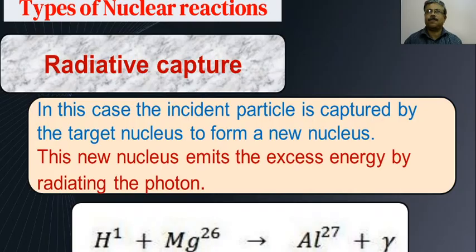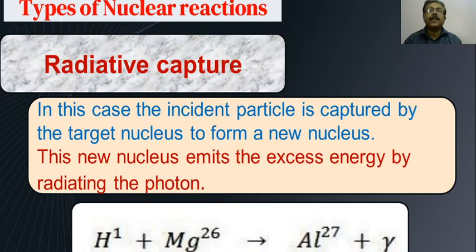Now, when you think of other types of nuclear reactions, we have a very simple one in the form of radiative capture. Here, the incident particle is captured by the target nucleus to form a new nucleus. The ejectile here is just the energy.